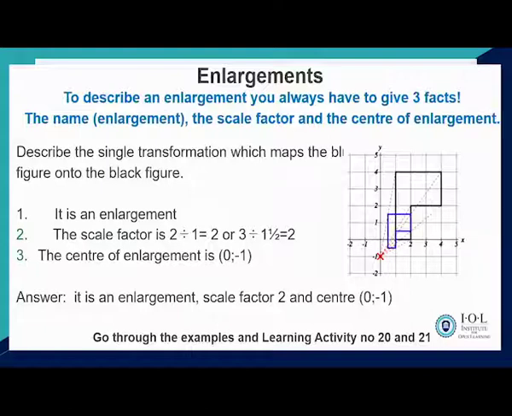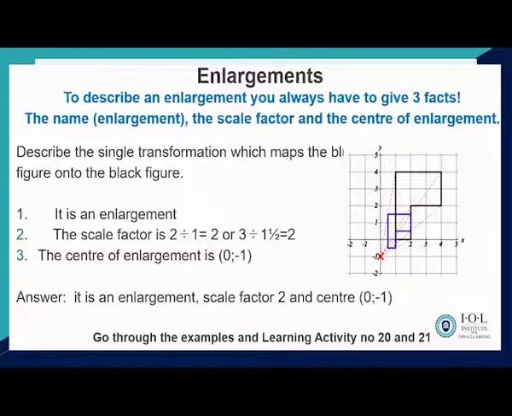Okay, now here we get to enlargements, which actually connects to similarity. Figures that are enlarged are always similar because they are in the same ratio. They have the scale factor, and that's really a lot of similarities.